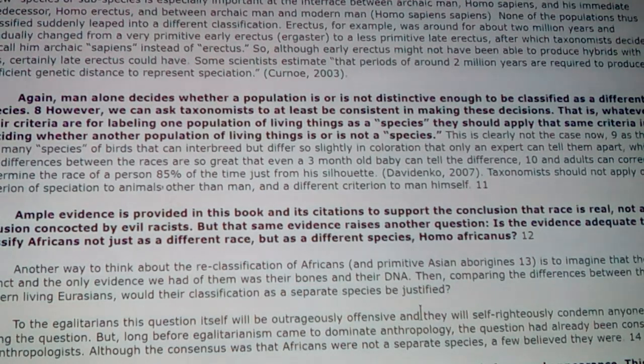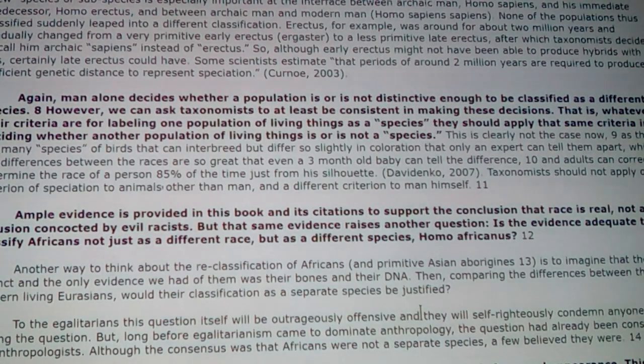So they should be consistent about what they do, though. But this is clearly not the case, he's saying. Different birds and so on, slight colorations, finnage on fish and things like that can make a difference. But adults can correctly determine the race of a person about 85% of the time just from his silhouette.